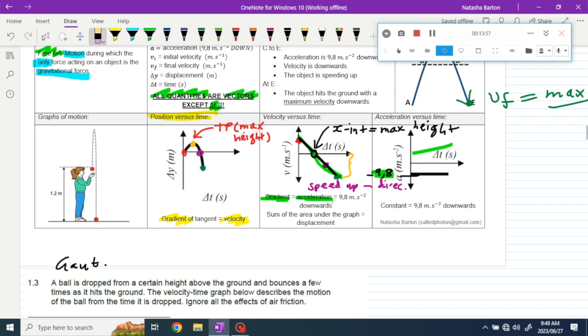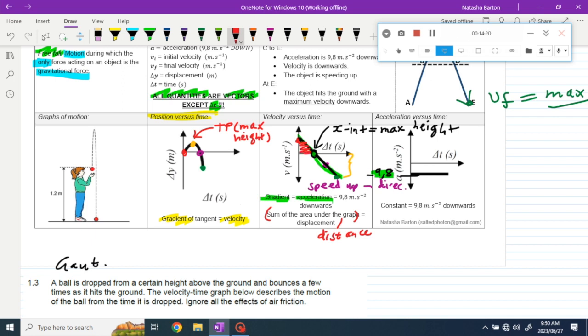Okay, if your graph was leaning that way, you'd have a positive gradient. Sometimes we give you a velocity time graph and we say, from the velocity time graph, determine displacement or distance traveled. To calculate the displacement or the distance, we consider the sum of the area under the graph. So I'm talking about this region.